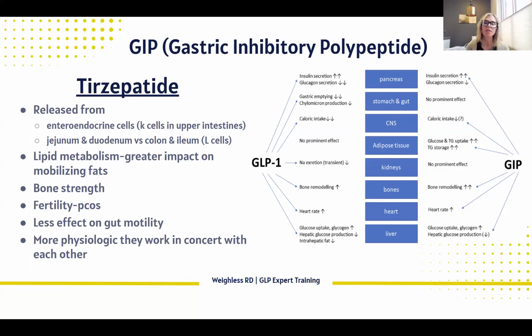So if somebody really can't tolerate semaglutide, we'll usually switch them to tirzepatide, and they generally do really well because it just doesn't have that much of an effect on the motility aspect. And like I said, tirzepatide is definitely more physiologic.